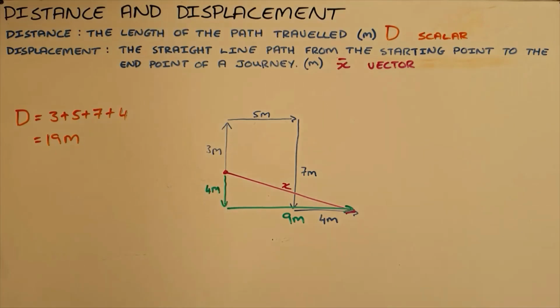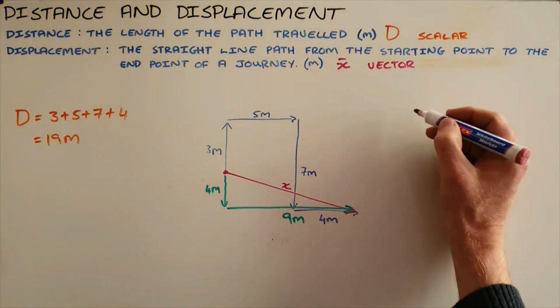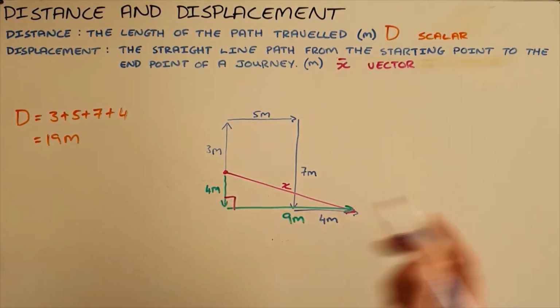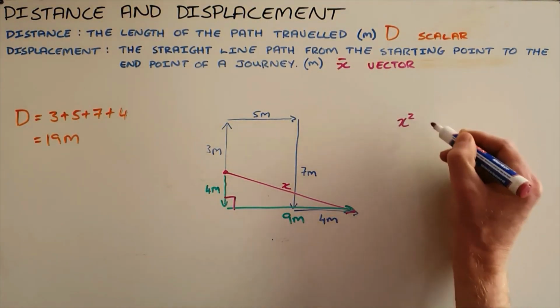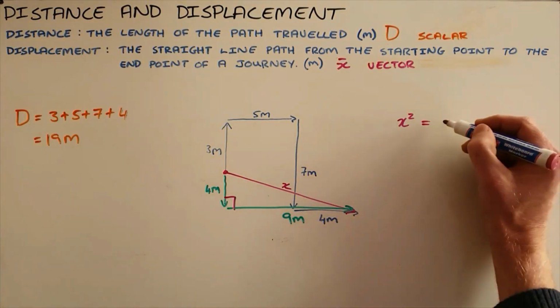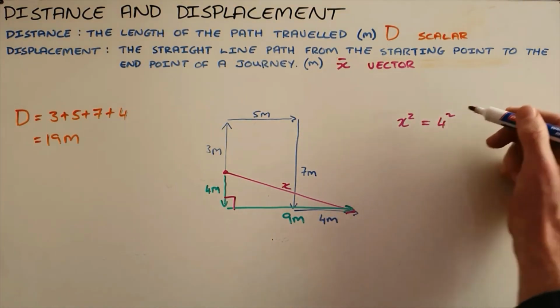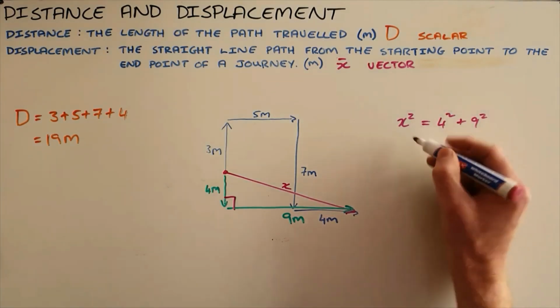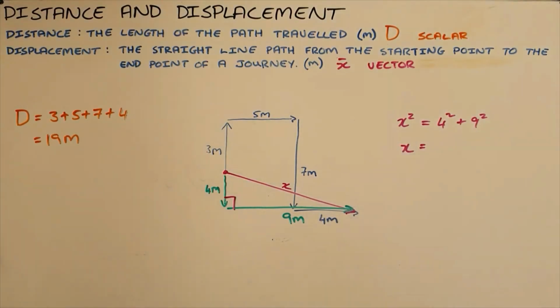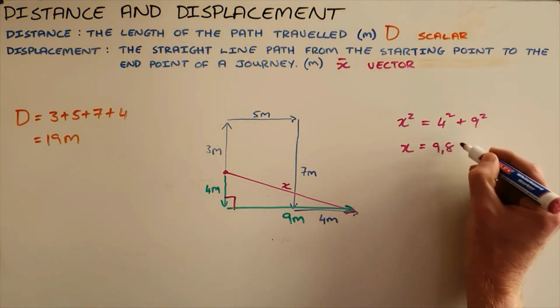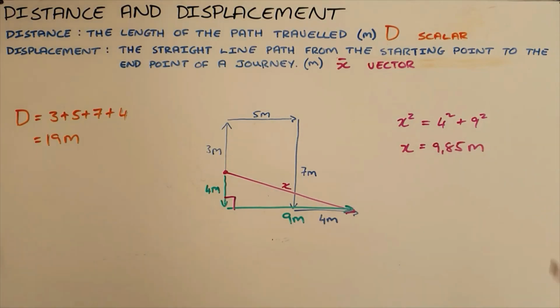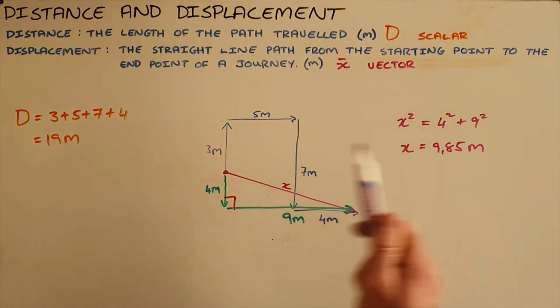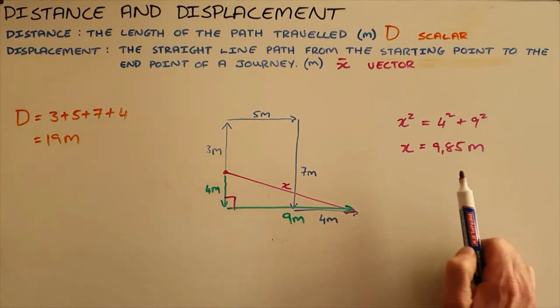So we can then calculate the displacement of this object using Pythagoras, saying that this being a right-angled triangle, our displacement squared, the hypotenuse of that triangle, is equal to the sum of the squares of both of these sides, which means that we can then solve to find that the displacement of this object would be 9.85 meters.